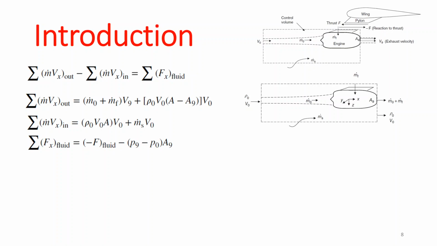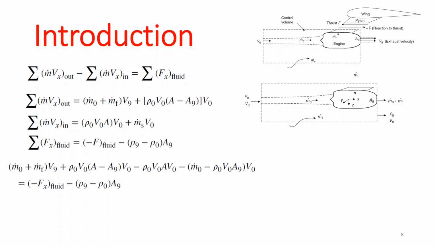So if you write that equation, if you just plug in the values, this is what you are going to get. You can simplify it, of course, to get to this equation. So essentially, m dot naught plus m dot f multiplied by v9 minus m dot naught v naught equals negative F of x of fluid minus delta P multiplied by A9.